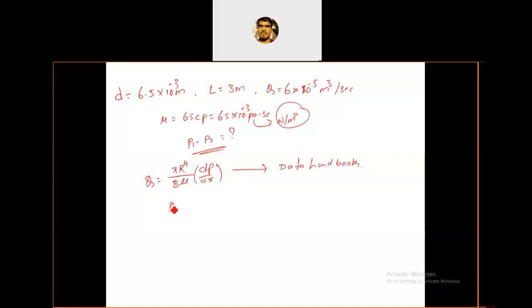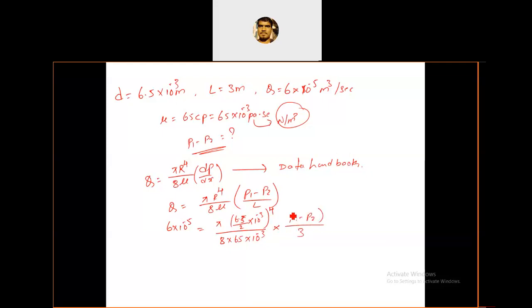Then Q is equal to pi r to the power of 4 by 8 mu into P1 minus P2 divided by L. Q we already know, 6 into 10 raised to minus 5, is equal to pi, and we know the value of r, that is 6.5 divided by 2 into 10 raised to minus 3, to the power of 4, divided by 8 into 65 into 10 raised to minus 3, into 1 divided by 3, where 3 is the length, P1 minus P2 unknown.